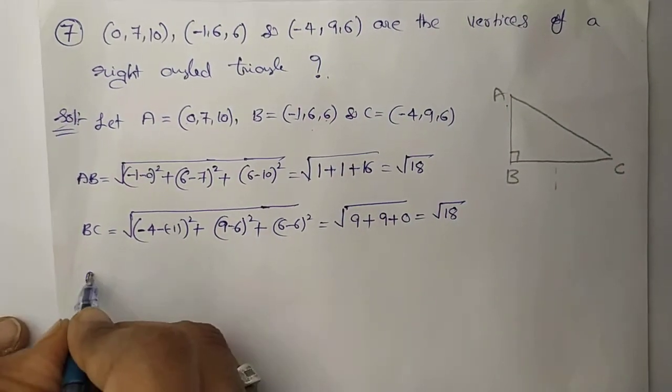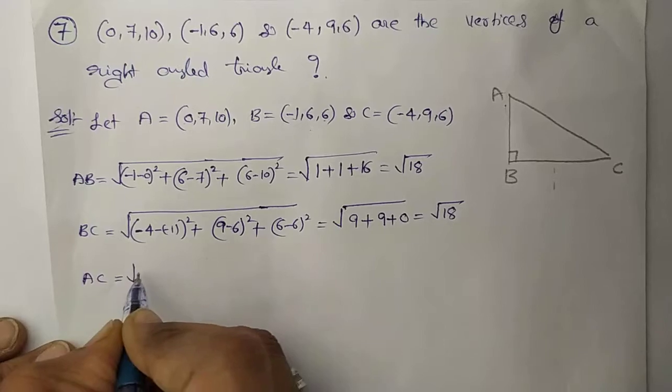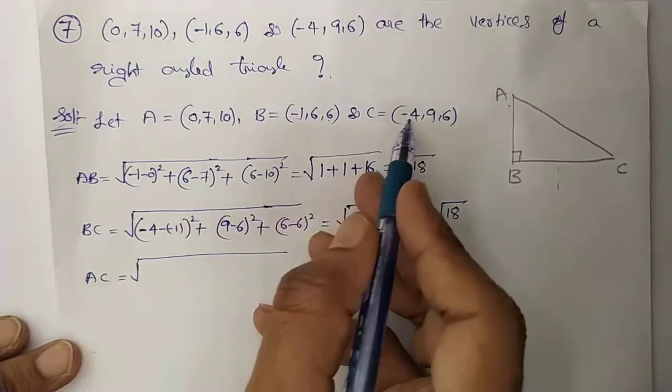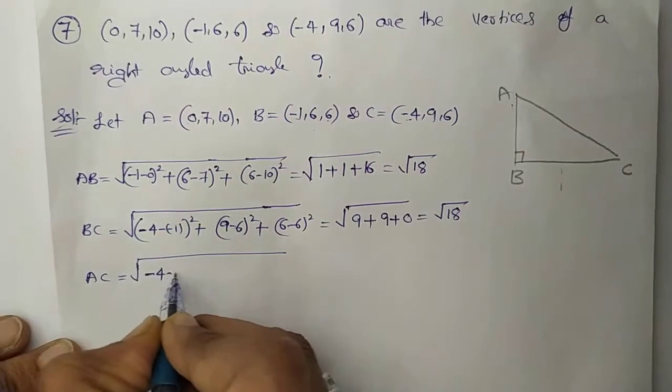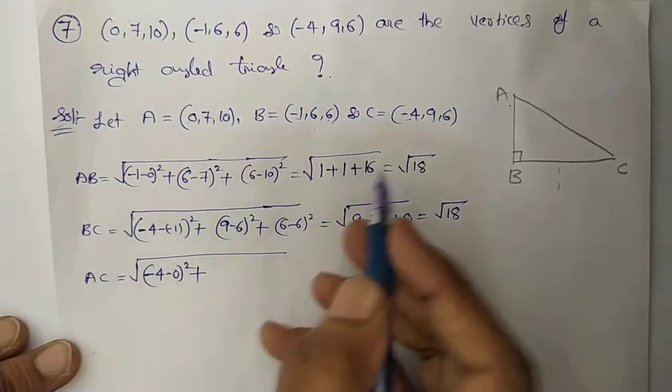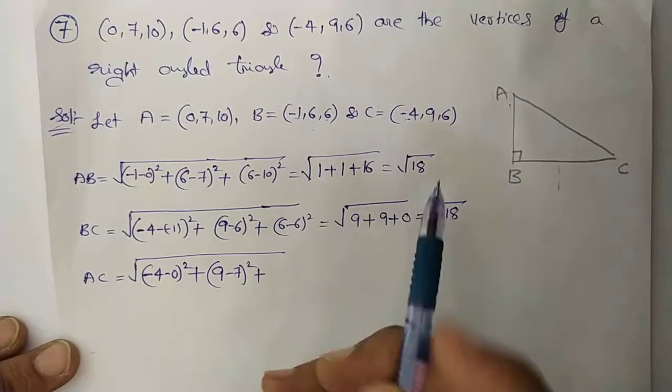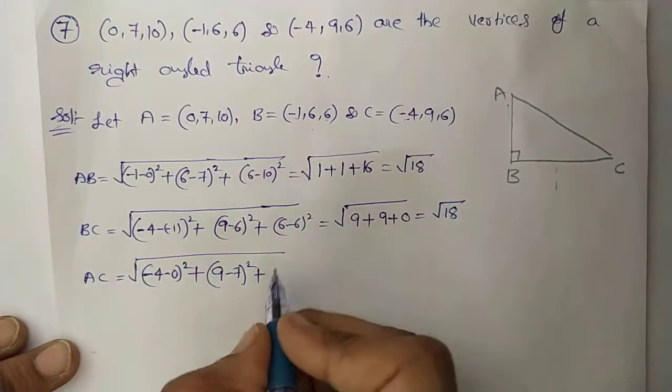Next, find AC. AC equals the square root of (-4 minus 0) whole square, plus (9 minus 7) whole square, plus (6 minus 10) whole square.